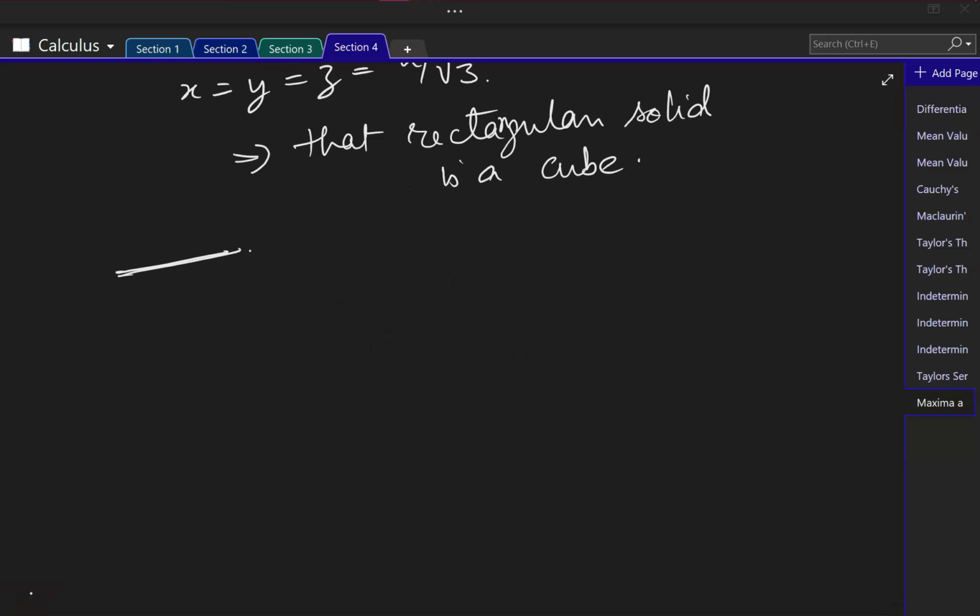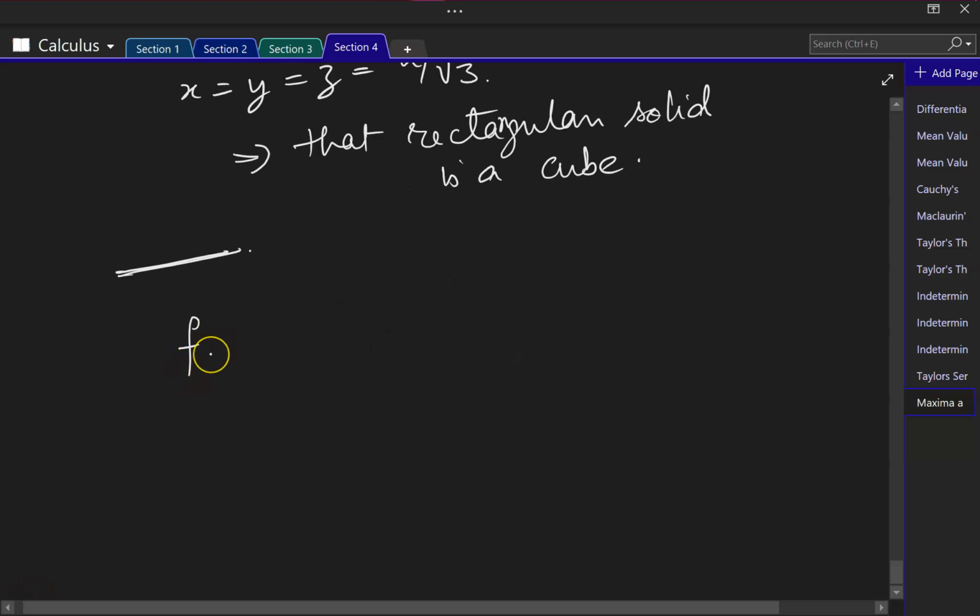Okay, let's very quickly summarize. Evaluate fxx, evaluate fyy, evaluate fxy. Take the square of this. Evaluate this expression. If it is greater than 0, then you have to do one more check.